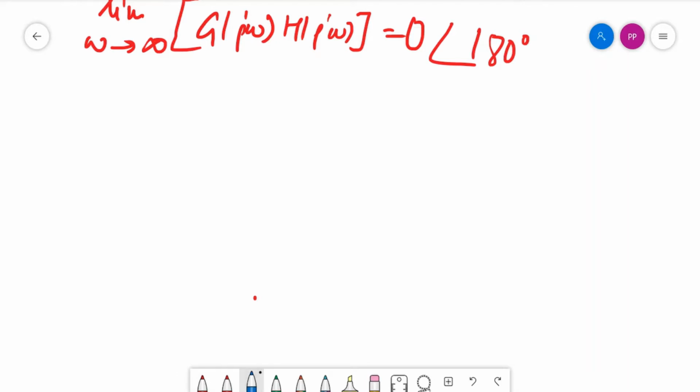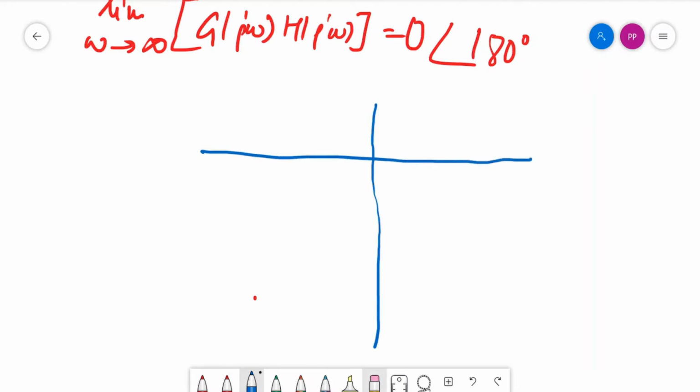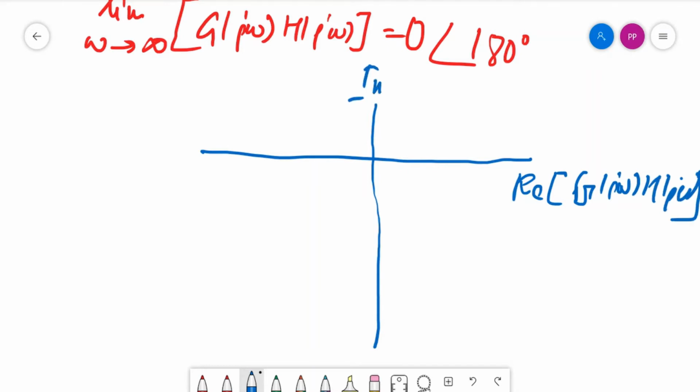We can have the real and imaginary axis like this, and there you have to write very clearly the real part of G(j omega)H(j omega) and the imaginary part of G(j omega)H(j omega).